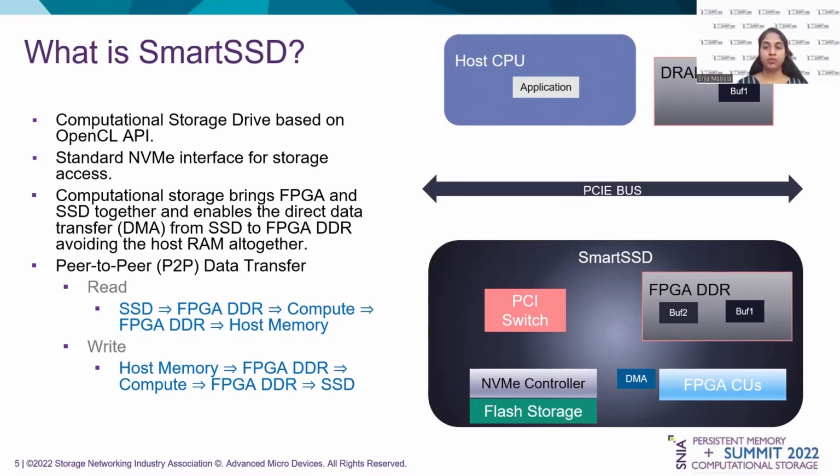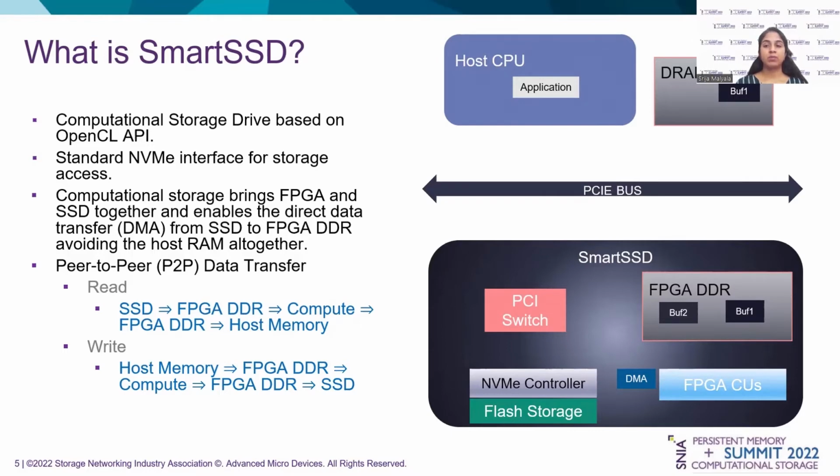Coming to the data flow, usually the data is read from the storage systems to the x86 RAM and then moved to the FPGA DDR for computation. And the result is copied back from the FPGA DDR back to the x86 RAM. In the case of the huge data movement through x86, it affects the overall system performance and the efficiency.